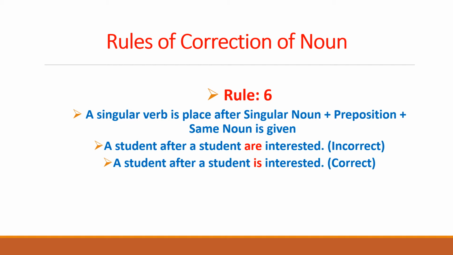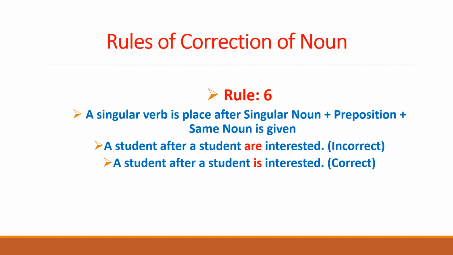A singular verb is placed after a singular noun. For example, noun plus preposition plus same noun is given. So this is a situation where there is a noun, and after that noun there is a preposition, and after that preposition that noun is repeated. Such a construction is followed by a singular verb. For example, I say: a man after a man.